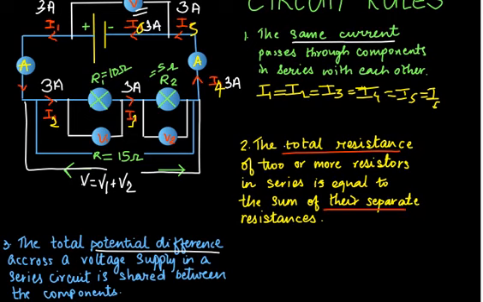Now for the next one, the total resistance of the two resistors. If I want to take the total resistance as R, the statement would have been R equals R1 plus R2.